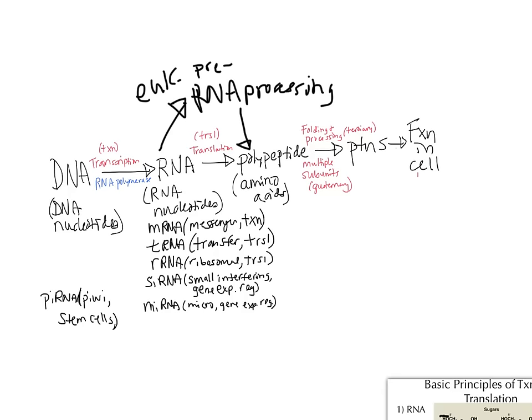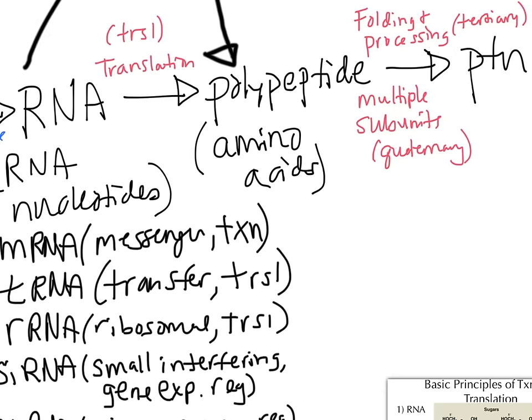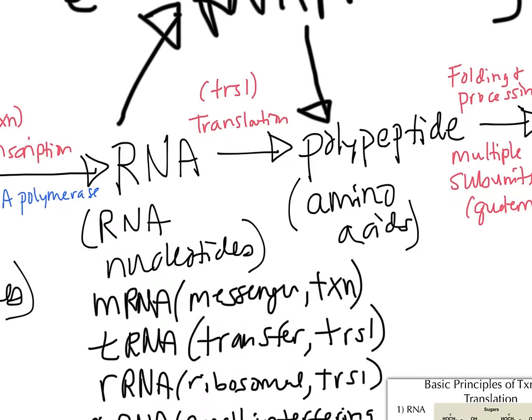Some important players in the translation process, we said RNA polymerase. There's a number of components, but tRNAs are involved here and they're important. They help bring in amino acids, the rRNAs, which are part of the ribosomes. And there's many other parts, but those are some of the most important that we're going to discuss in our basic understanding of translation.